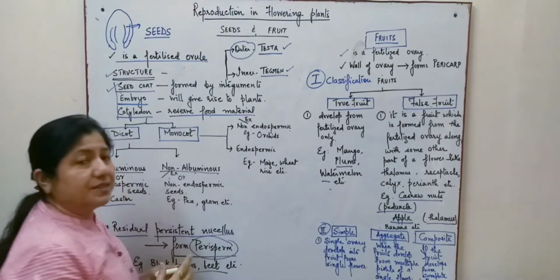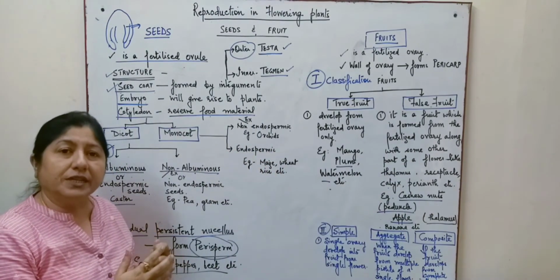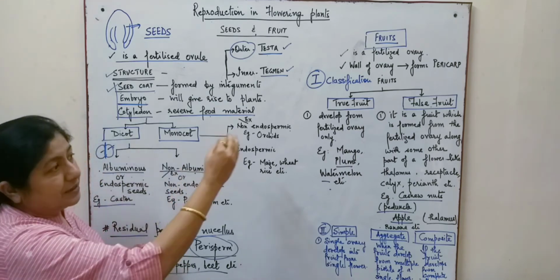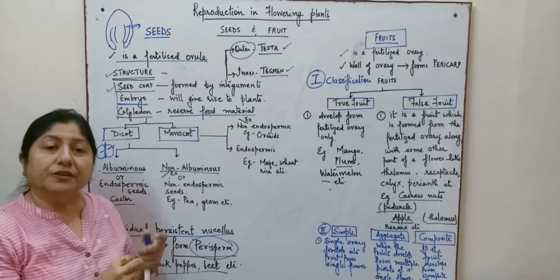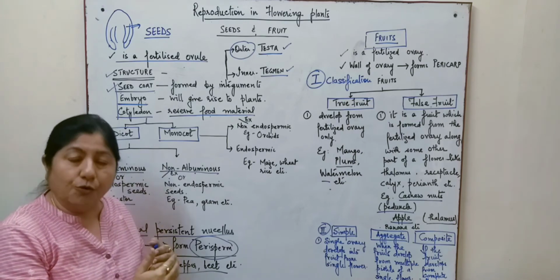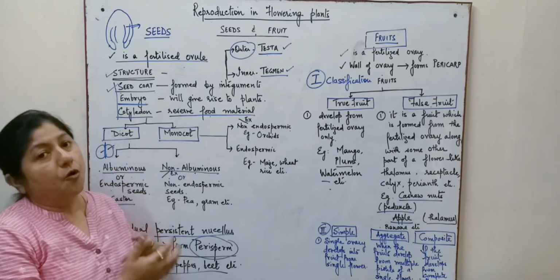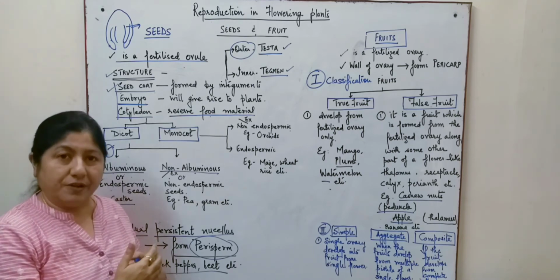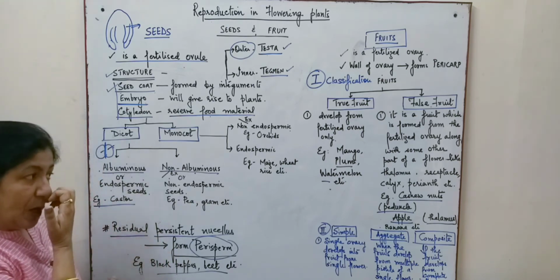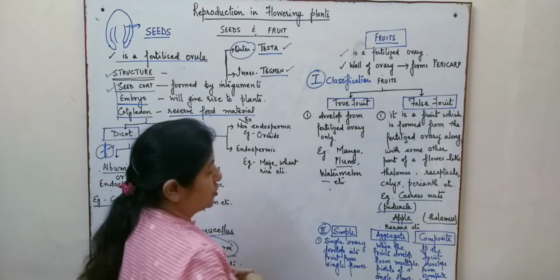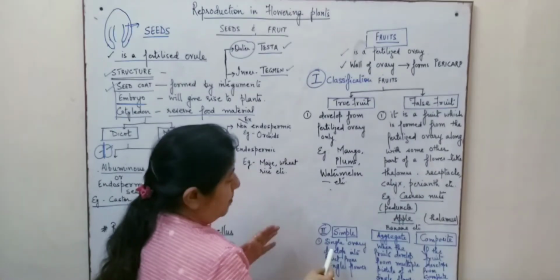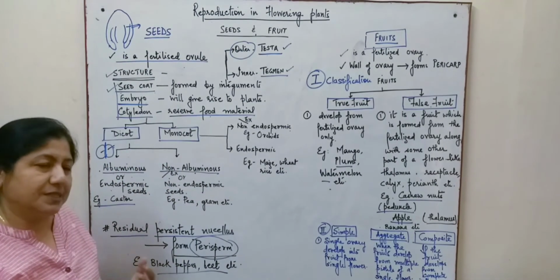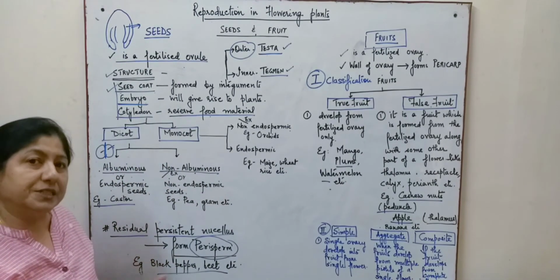So when we classify, true fruits develop from the ovary itself, and in false fruits the fruit develops from the fertilized ovary, but some other floral part also plays a role in its development. The second classification is based upon whether the fruit develops from a single ovary or multiple ovaries.